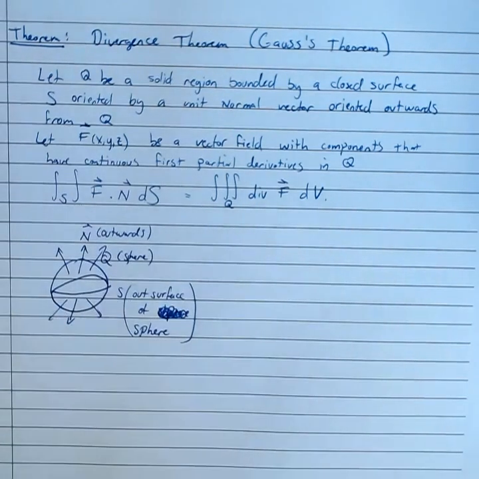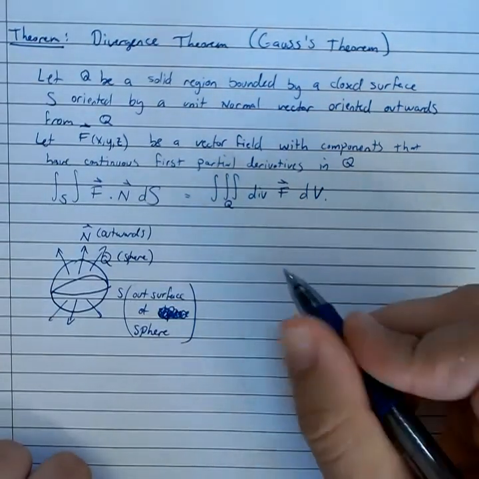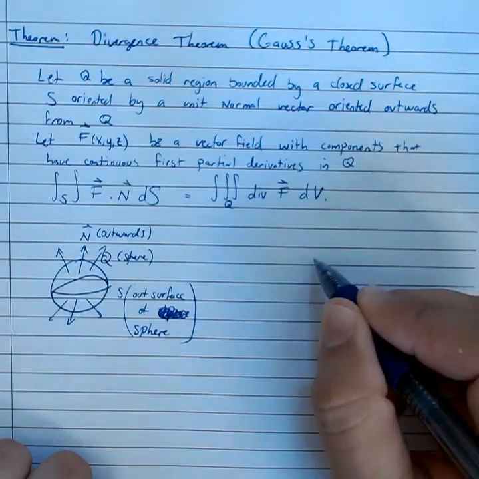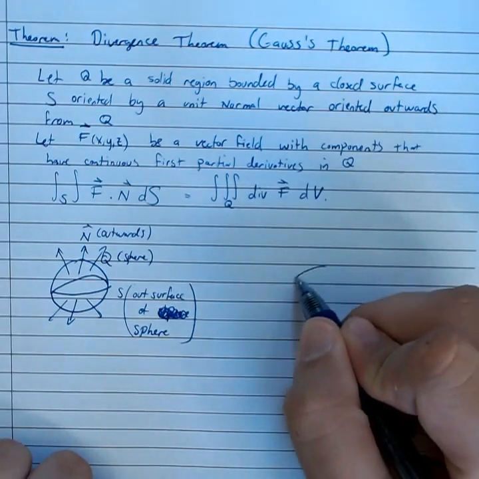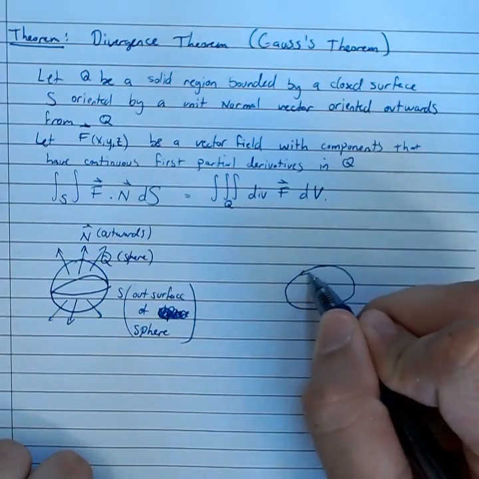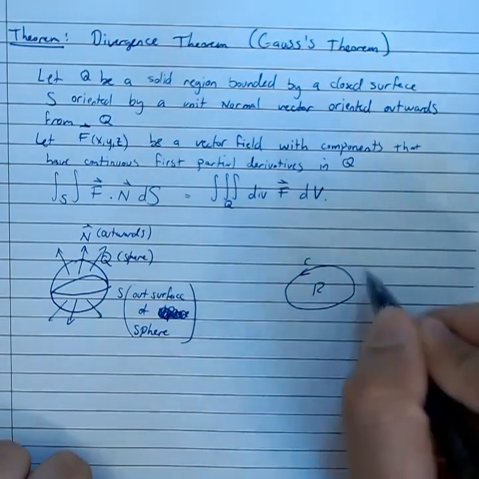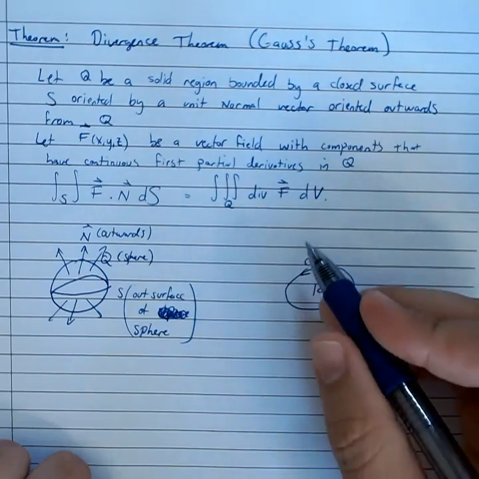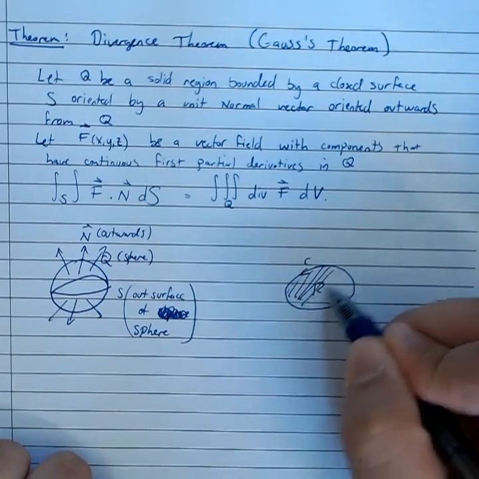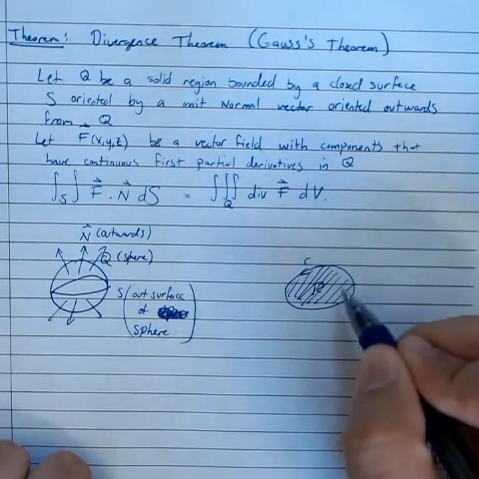This is a generalization of Green's theorem. You'll remember Green's theorem told us that if we were looking at what was going on around the outside of a region, the outer edge of a region R, and a contour C that was oriented this way, what was going on the outer edge could be given as long as we knew what was going on the inside of that region.